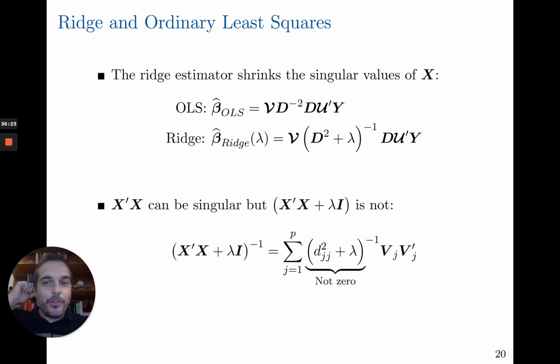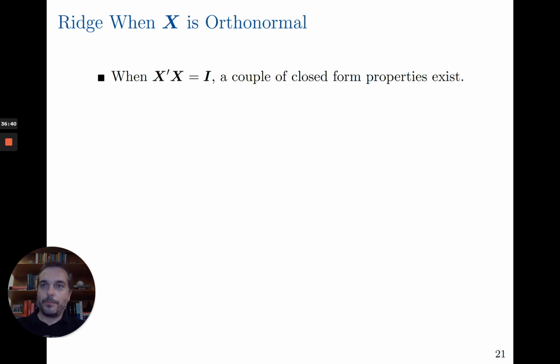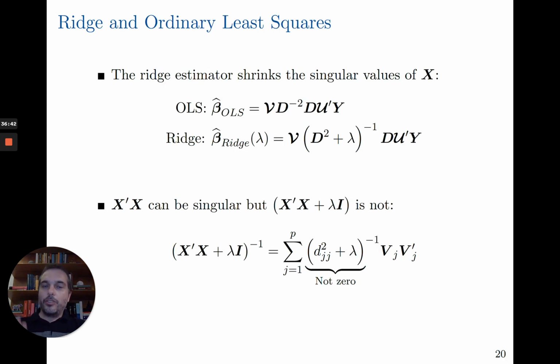And as I mentioned before, X prime X can be singular, but X prime X plus lambda I is not. The reason is that this matrix depends on a coefficient that is different from 0. So that's what ridge is doing.